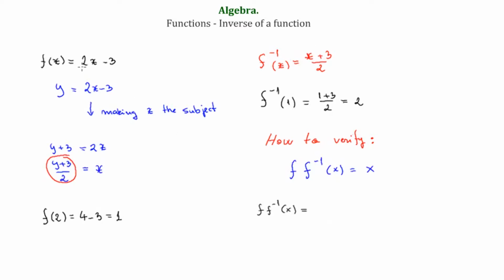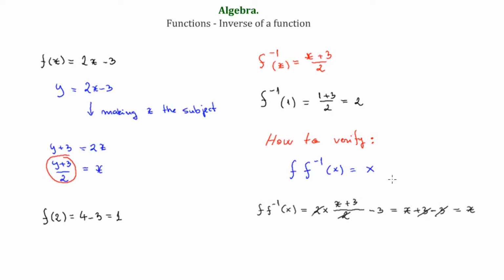So we will not have 2 times x, we will have 2 times f to the power of minus 1, which is x plus 3 over 2, and further on minus 3. We have replaced x with x plus 3 over 2. What do we get then? 2 and 2 we can simplify, so we have x plus 3 minus 3. 3 minus 3 is 0, which is equal to x.